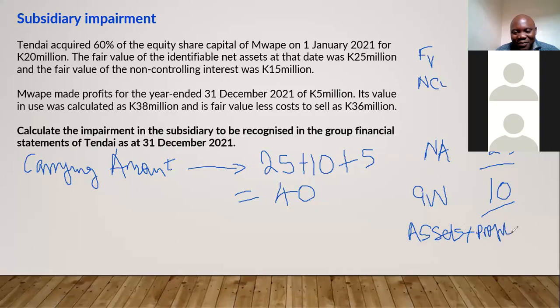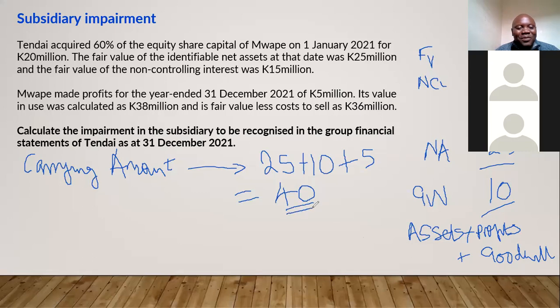Plus goodwill. This is now what is going to sit in your financials as carrying amount. So we have the 40 here as carrying amount.